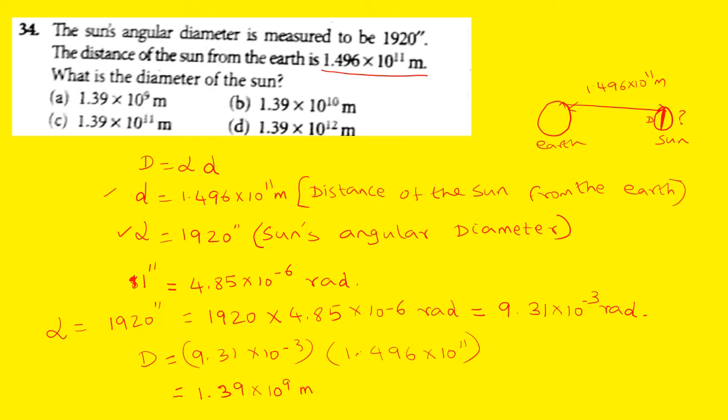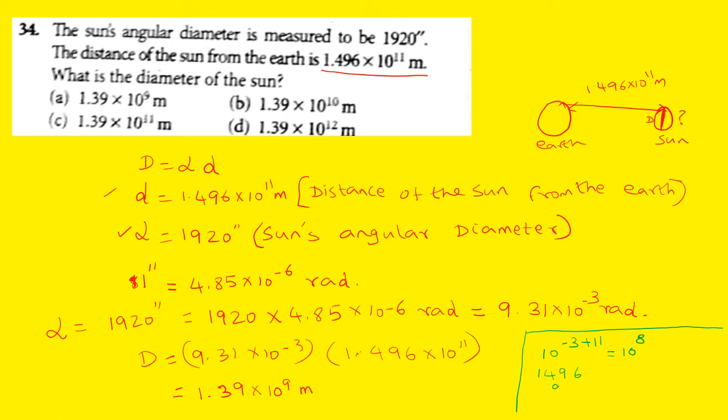So let me show you some steps for how to do this multiplication. First you need to take care of the 10 powers, children. So 10 power minus 3 plus 11, which will be 10 power 8. Now how to multiply these two numbers? Forget the decimal point.